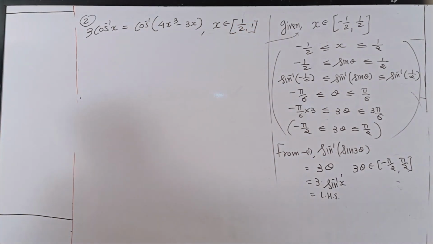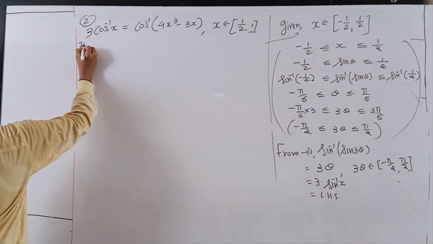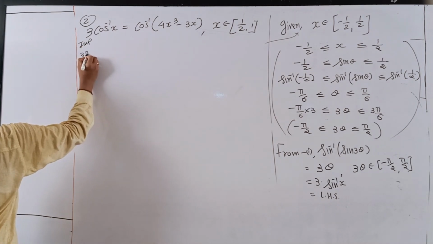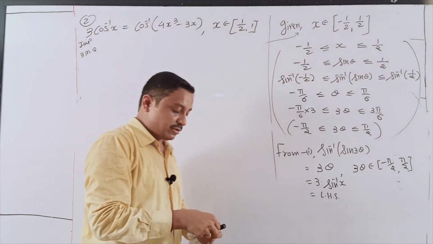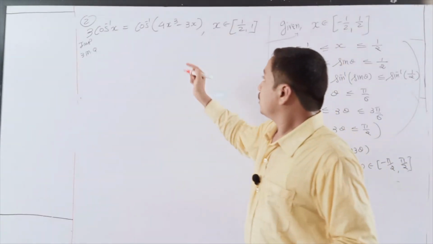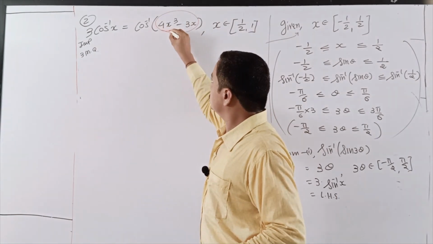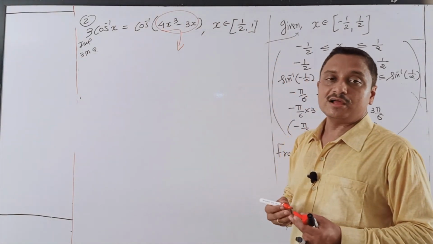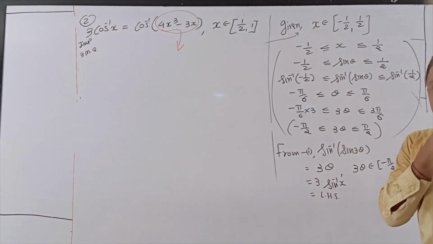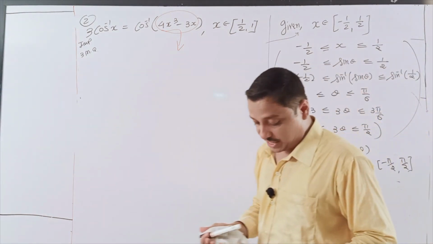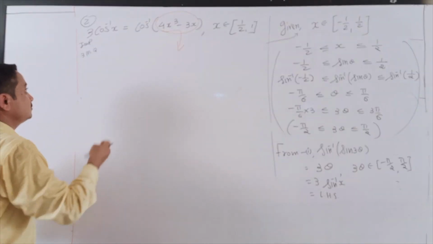Yes students, this numerical is also important for a 3 marks question. Look at that. Here also you just remember, the assumption x equal to cos theta is converting to cos 3 theta finally. That's why I start my sum.